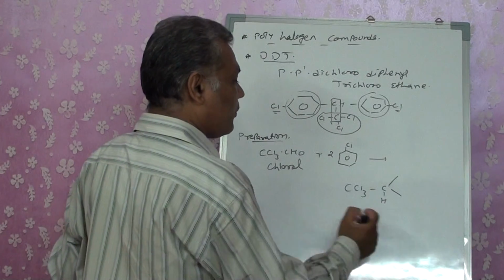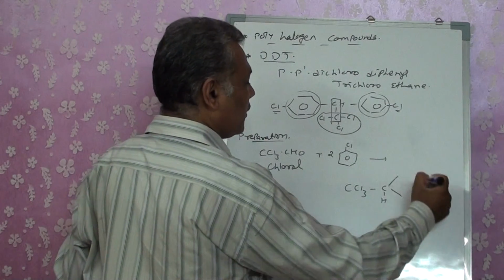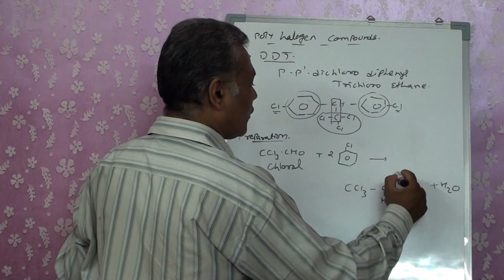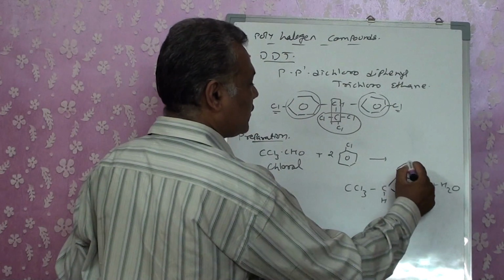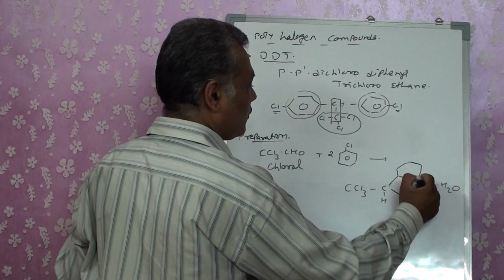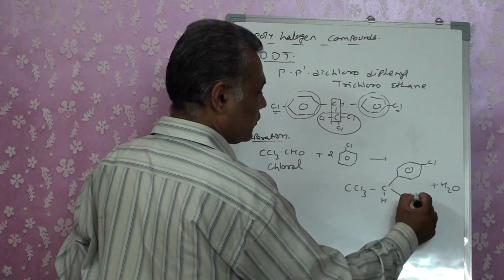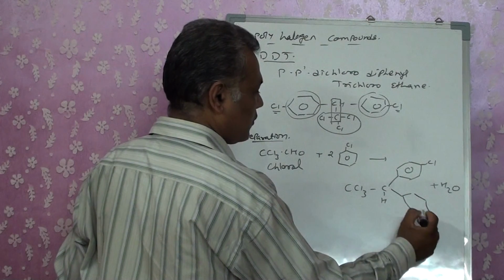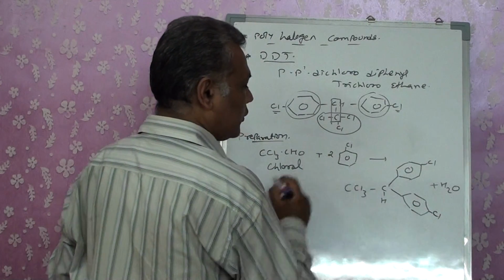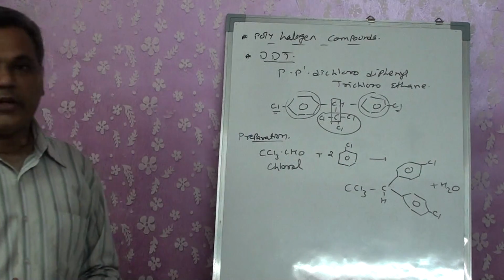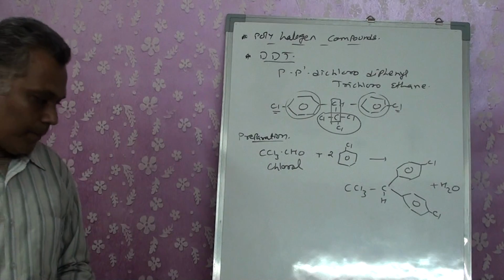Oxygen is removed, and from the para position two hydrogens are there, so that will be removed as H2O. And both these components will attach from the para position, and it will produce dichlorodiphenyltrichloroethane.